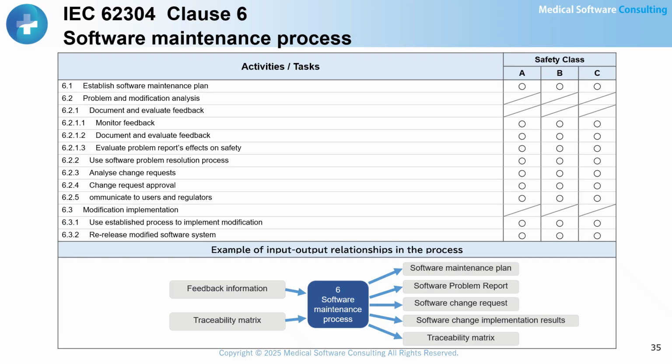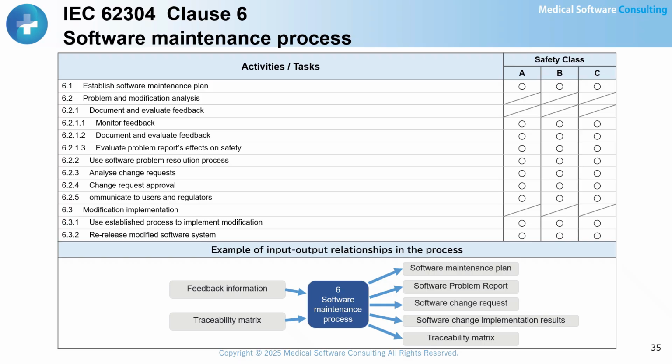When establishing a software maintenance plan, the following elements are required. A. Procedures for collecting, documenting, evaluating, resolving, and tracking information that arises after the release of the medical device software. B. Criteria for determining whether the feedback indicates a problem. C. Use of the software risk management process.